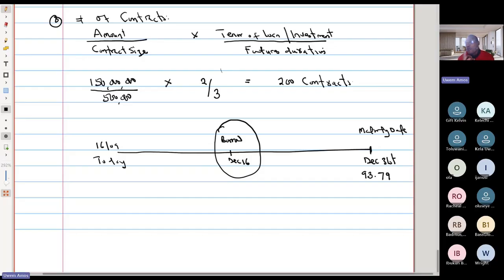So we need to find a way to adjust the price to the December 16 price when the borrowing is required.